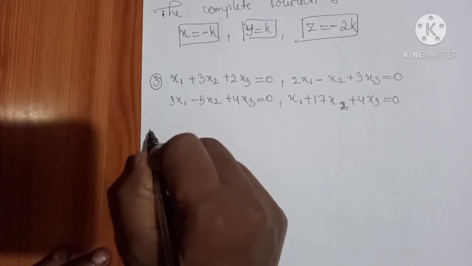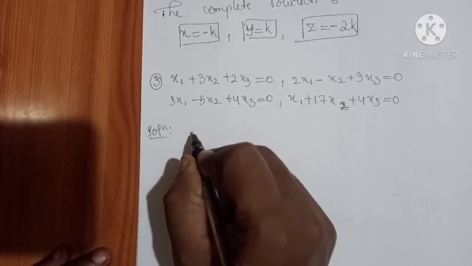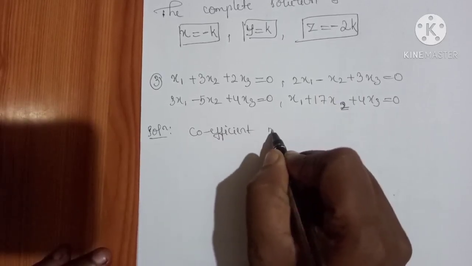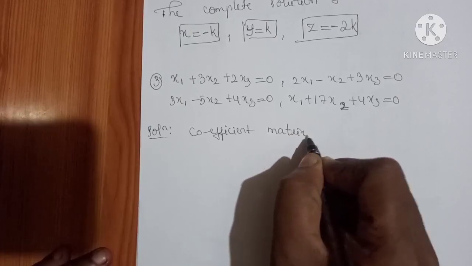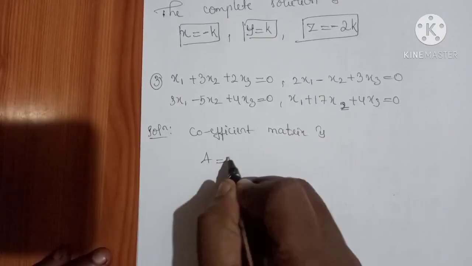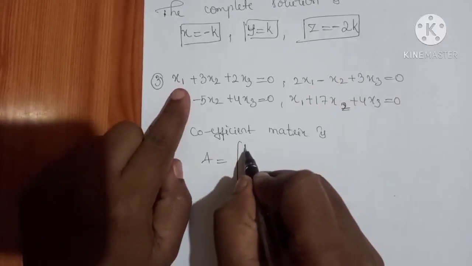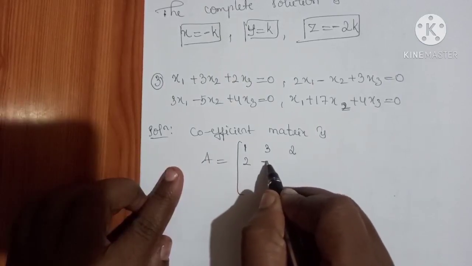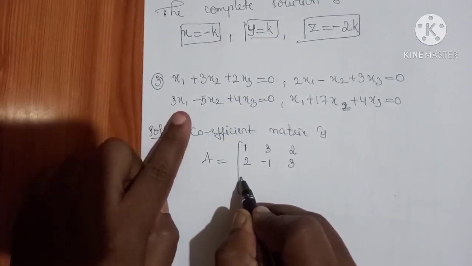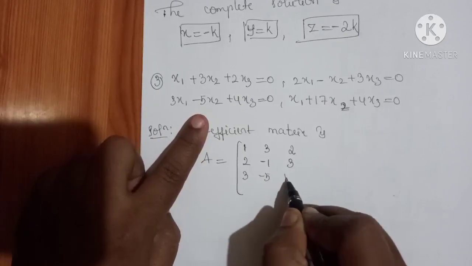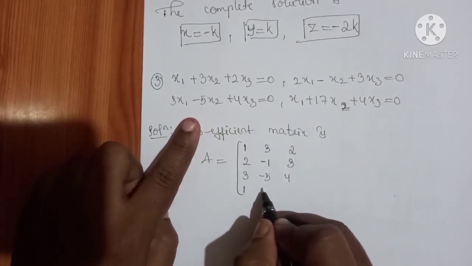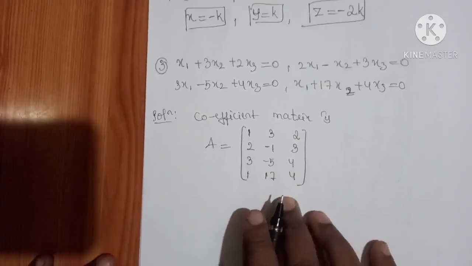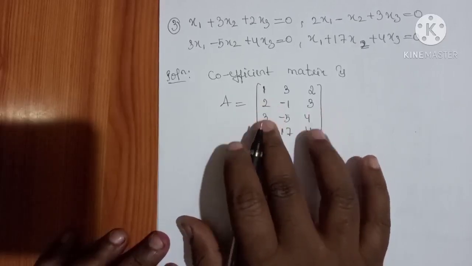First, writing the coefficient matrix A equals 1, 3, 2; next 2, minus 1, 3; 3, minus 5, 4; and 1, 17, 4. So this is the coefficient matrix. Now we make all these 3 elements 0.